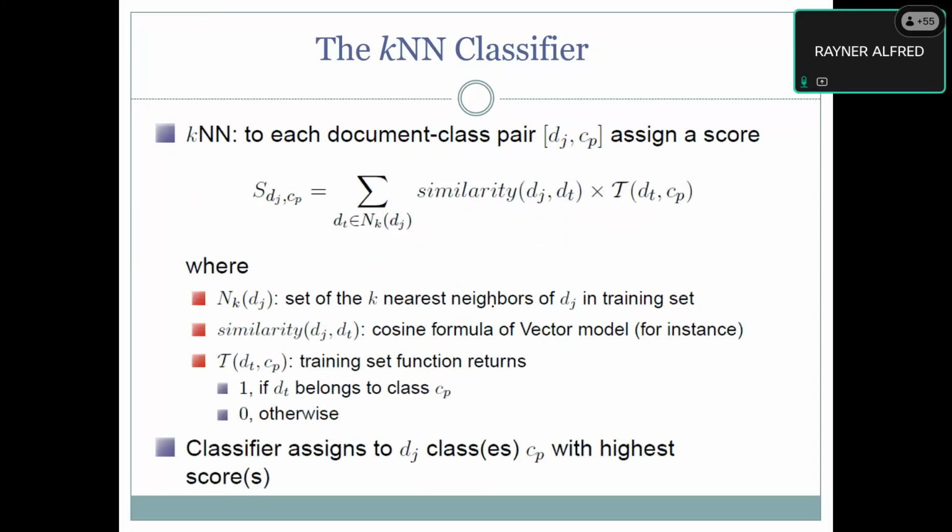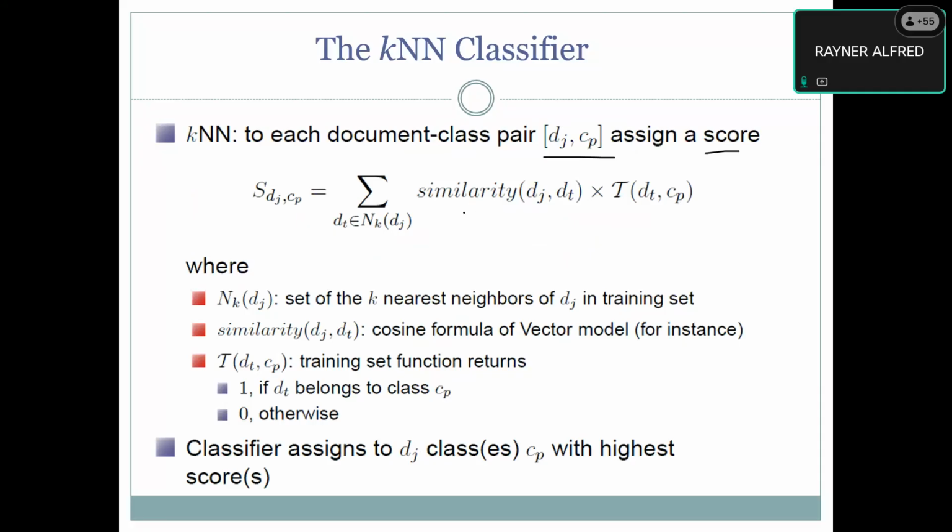What we want to know about the KNN is what distance method will be used in order to compute. Our task is, for each document and class, we assign a score, which is the distance between this document and the other documents that we have.